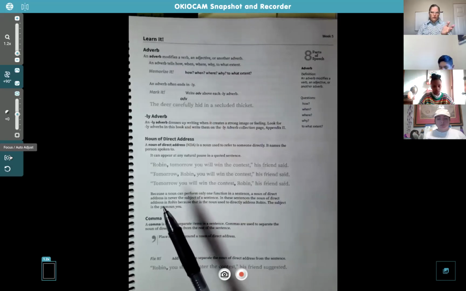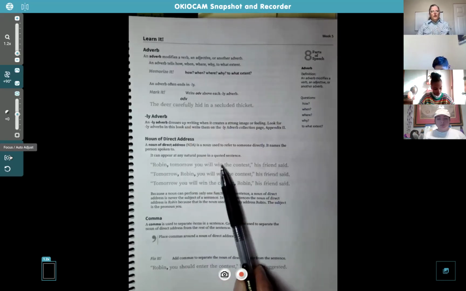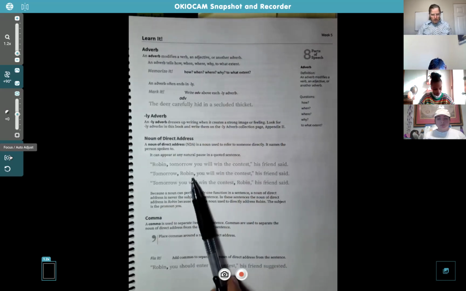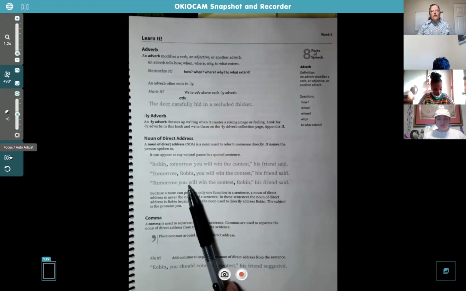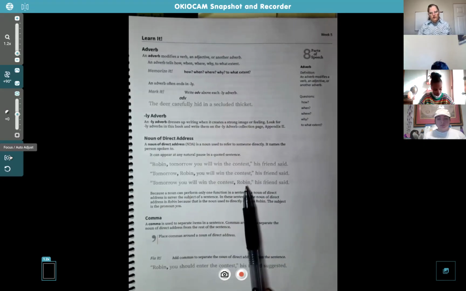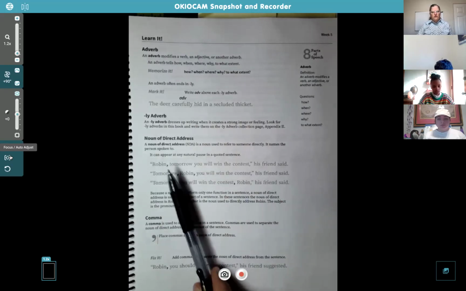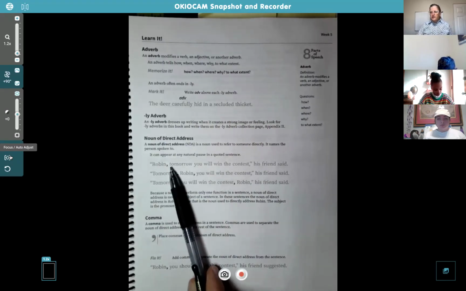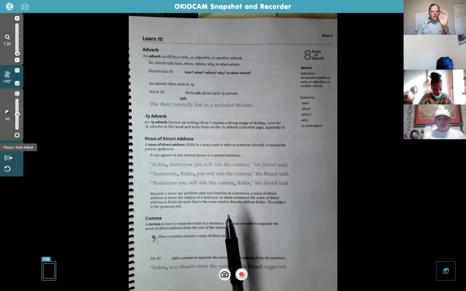So when you have speaking parts, right? "Robin, tomorrow you will win the contest," his friend said. "Tomorrow, Robin, you will win the contest," his friend said. "Tomorrow you will win the contest, Robin," his friend said. Notice Robin, Robin, Robin. That is the noun of direct address because his friend is addressing Robin.